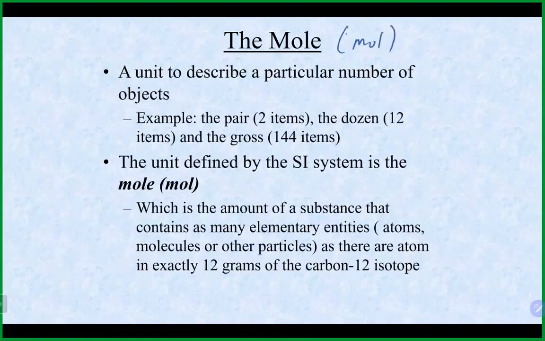It had to be abbreviated some way, so they got rid of the E. It is important, though, that when people see that MOL abbreviation, a lot of people jump to the conclusion that it is molecules, but it is not molecules. It is moles. So that's a very common mistake that people make. They see the MOL and think molecules rather than moles. So keep that in mind as you go through it.